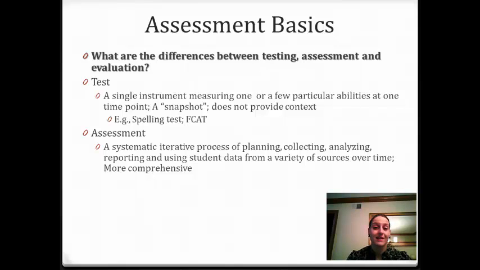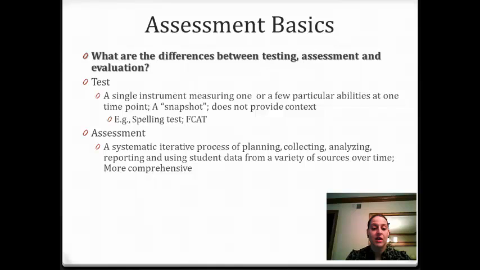You would also focus on collecting the appropriate data from the variety of sources, right, so that you are getting a good range in terms of what the student can do. And that could include, for example, informal observations in class to more formal scoring of students' performances on specific tasks.